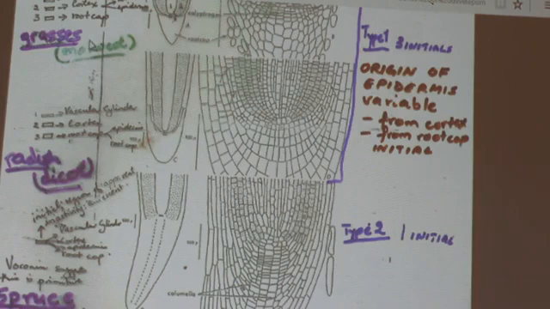What does this all mean? This all means that the arrangement of meristems has a phylogenetic component, and it is not the same in all plants. Monocots have a different arrangement, dicots have a different arrangement.